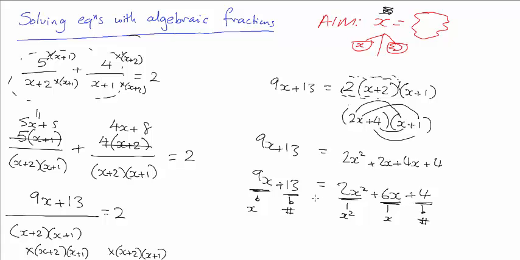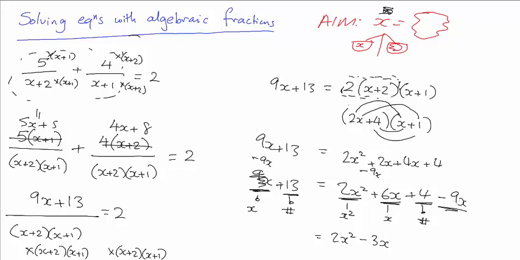So here we go. Let's get everything to one side. We'll take away 9x from both sides for this. So hopefully you see we're going to get 2x squared. That'll go away from this side and we'll get a 9x here. Hopefully you see plus 6x minus 9x is going to give us minus 3x.